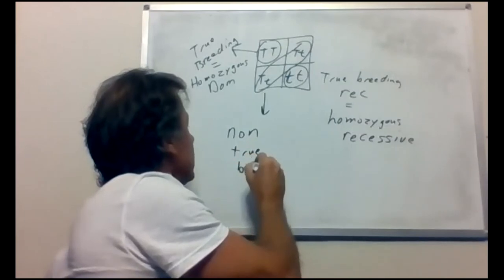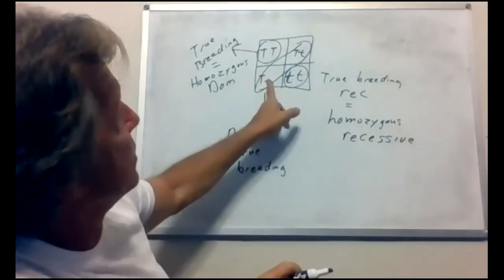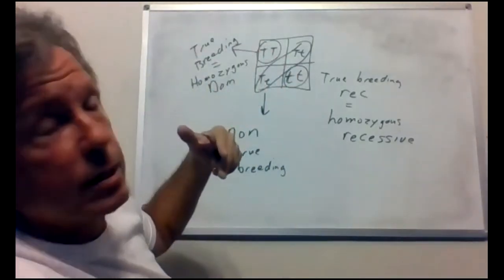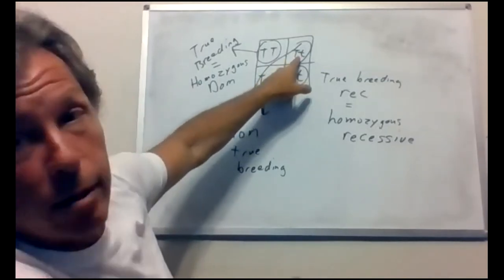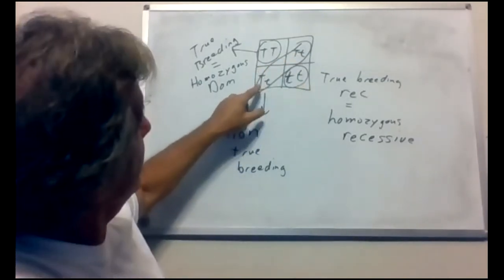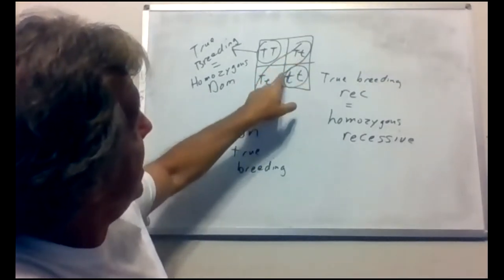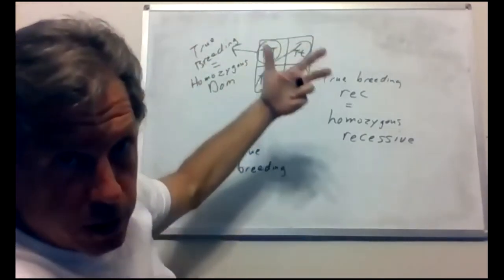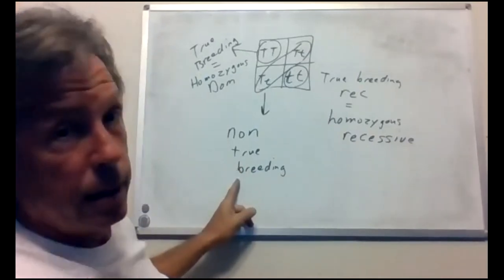Non-true breeding. Because since they're carrying this allele, when I self-fertilize, I get the same result as my F2 generation. Their phenotype is certainly tall because they have this dominant allele. But we know that if I cross-fertilize these guys, they can hook up, and you end up seeing that recessive trait. So these are non-true breeding.